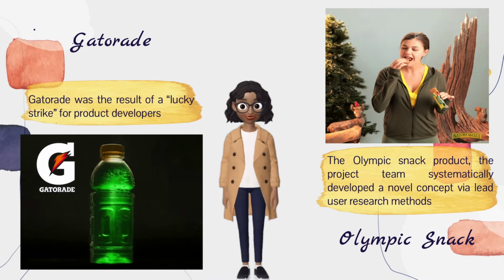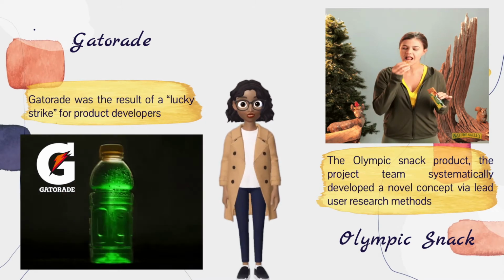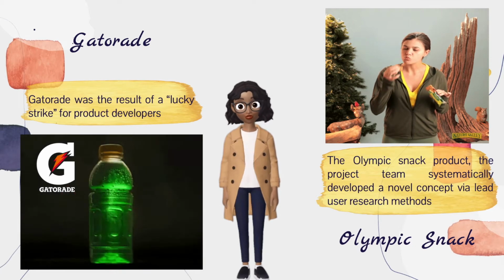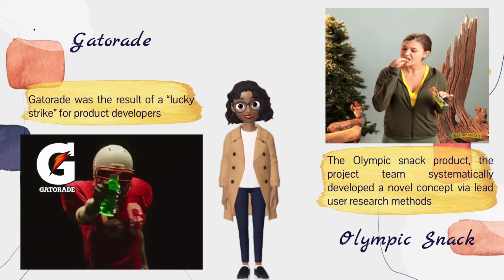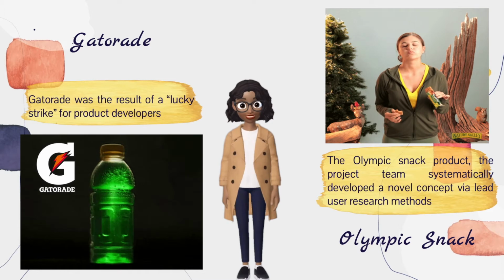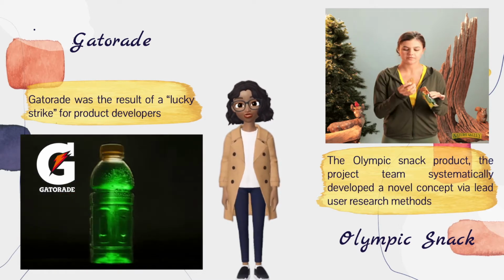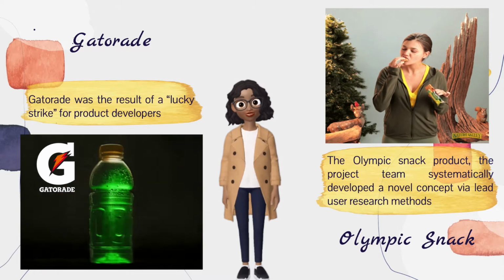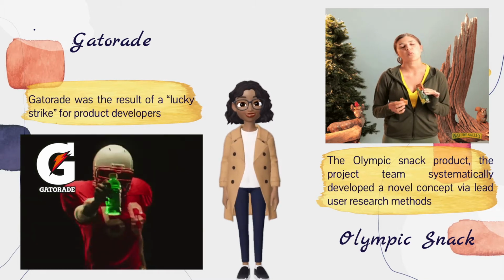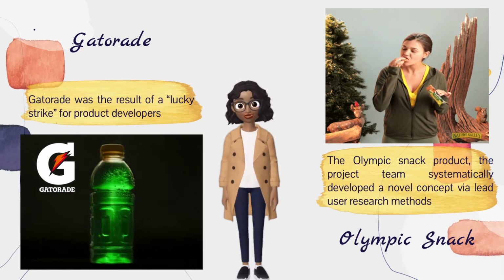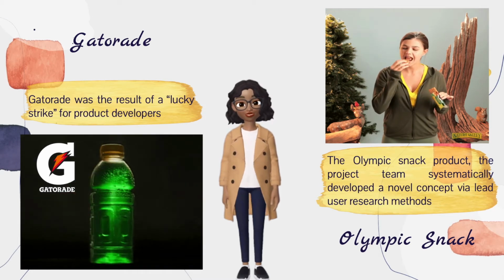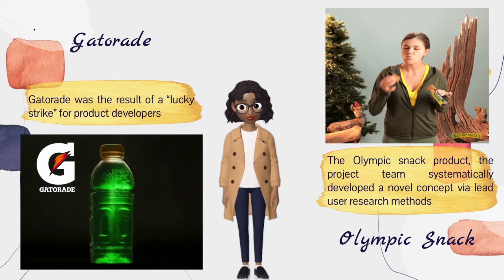The lead user roots of the Olympic snack are similar to those of Gatorade, which was initially developed by University of Florida scientists for the university football team. The difference is that in the case of the Olympic snack product, the project team systematically developed a novel concept via the lead user research method, whereas Gatorade was the result of a lucky strike for product developers.